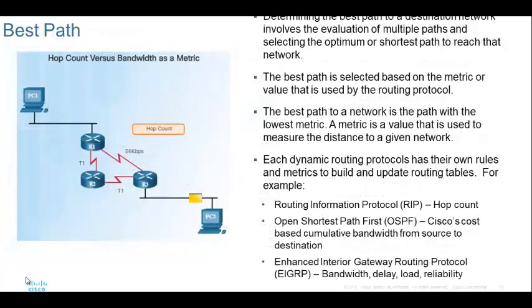Hop count versus bandwidth as a metric. Why are they discussing this now? You see, we are going to learn about various types of routing protocols like RIP, Routing Information Protocol, OSPF, Open Shortest Path First Protocol, EIGRP, Enhanced Interior Gateway Routing Protocol.